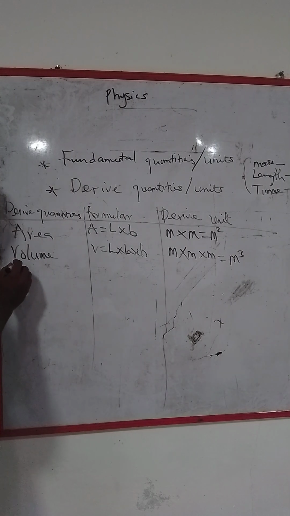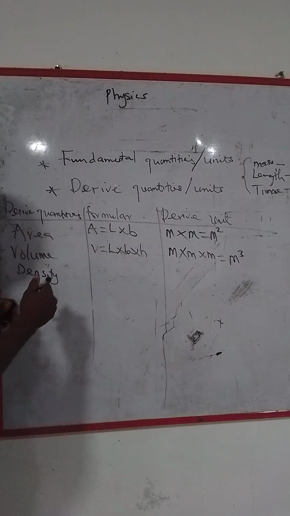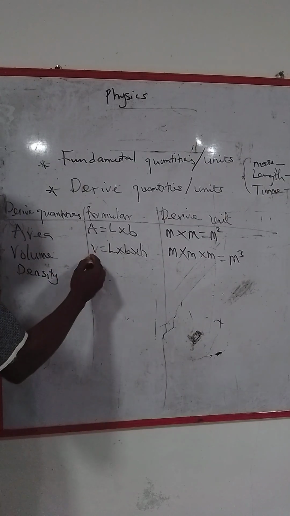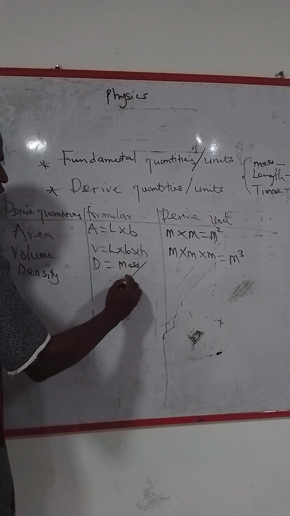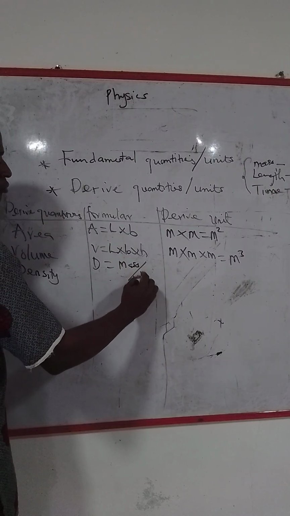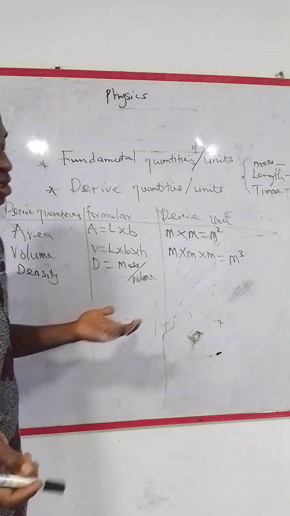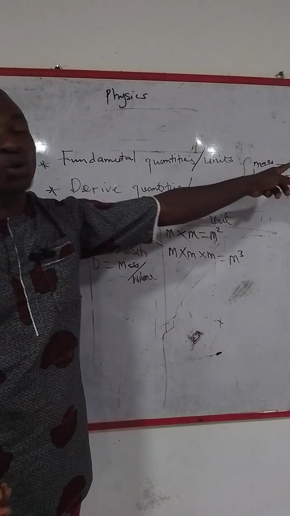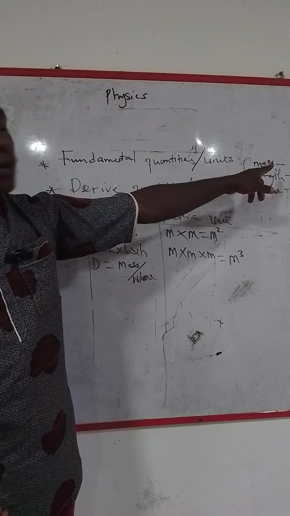Then the next formula I want to talk about is density. Because we have already derived the formula for volume, density is just simply mass per unit volume. Mass per unit volume. So mass over volume, that's what we are saying in a nutshell. From there you can go back to those three units and quickly pick out the unit for these.